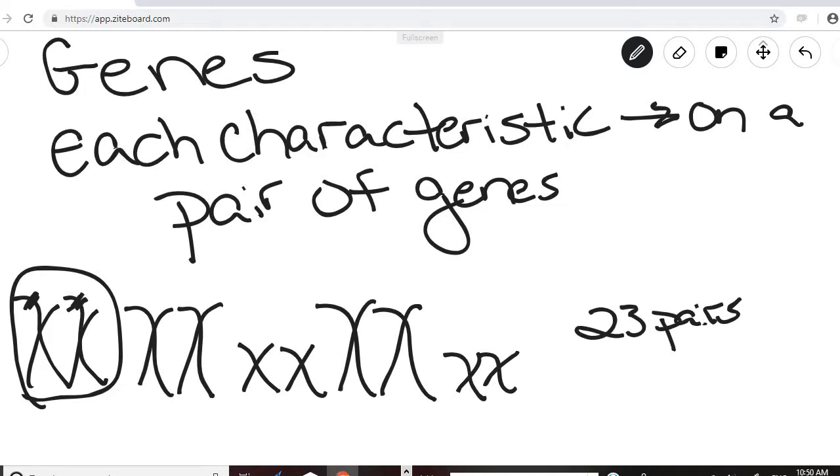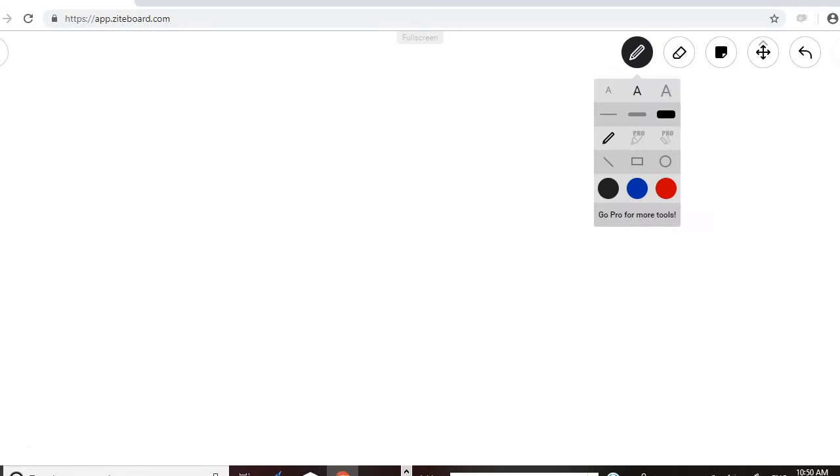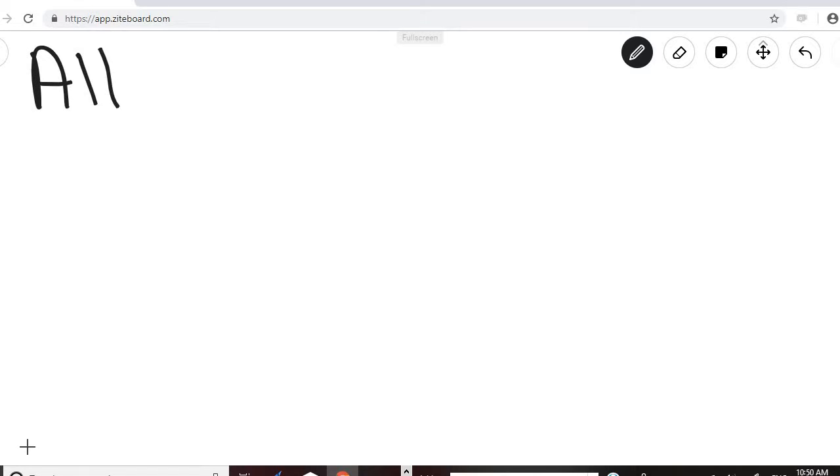Then the wording that we use now to express that is an allele. So instead of using the word factor, we use the word allele. So each gene makes up a pair that's called an allele.